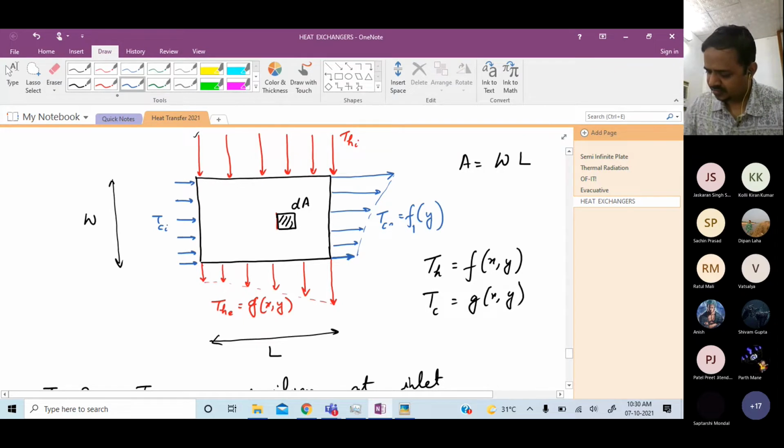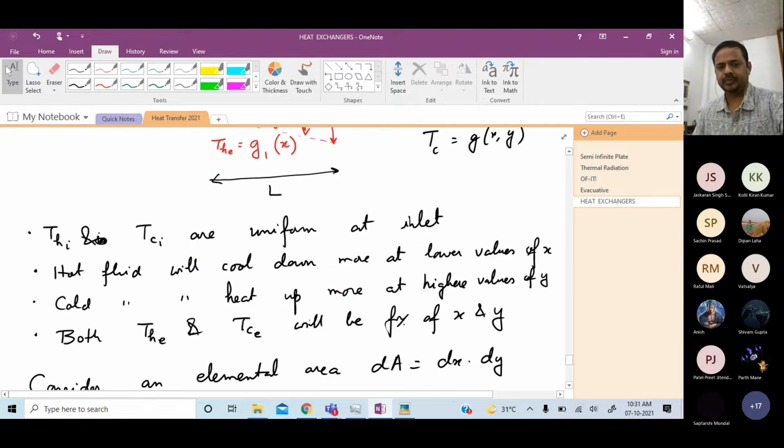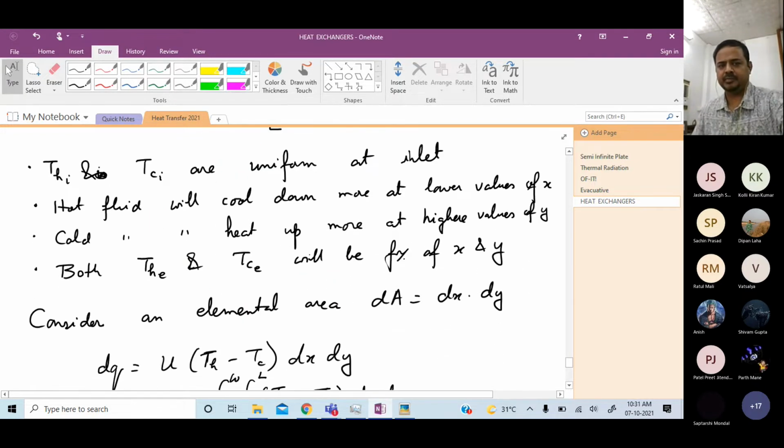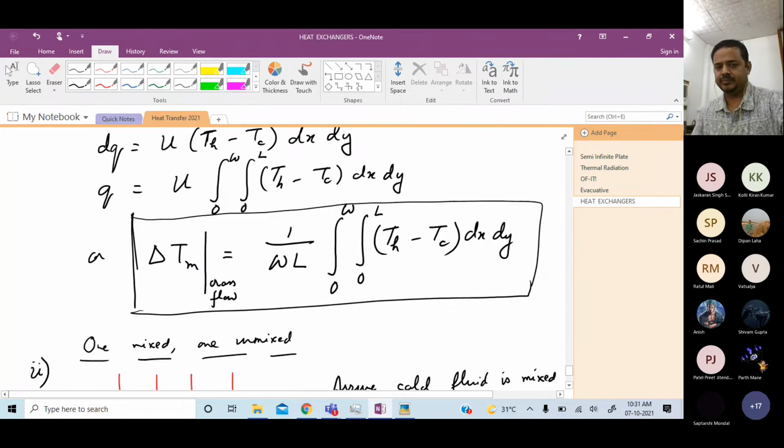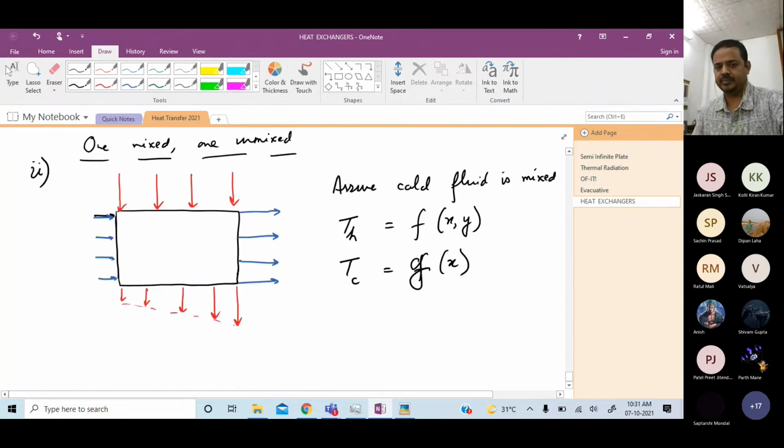Sorry. Here also, this is G1, the function of x at the exit. And anywhere inside, it is also going to vary. So that is at a given y.